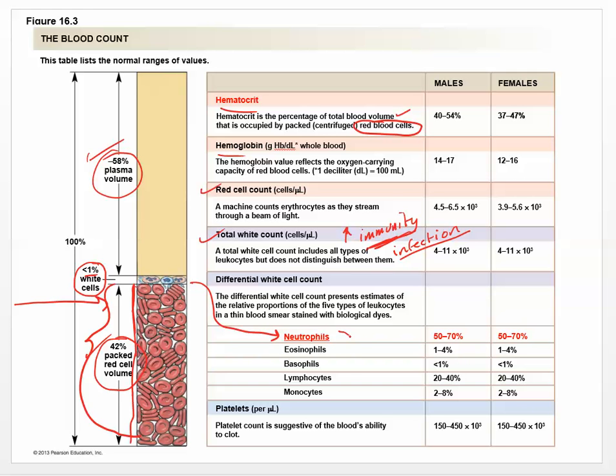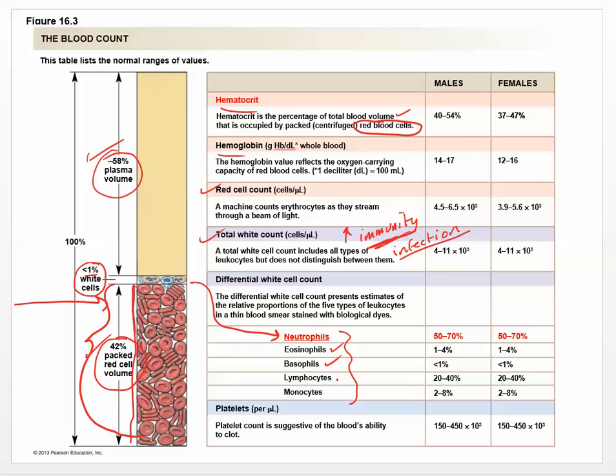Okay, and here are the rest that we went through. The eosinophils, remember those were worms. Basophils associated with allergies, and then the lymphocytes, which are found in the lymph nodes, and those are what we usually think of as making an immune response, like if you get a flu virus or something like that.